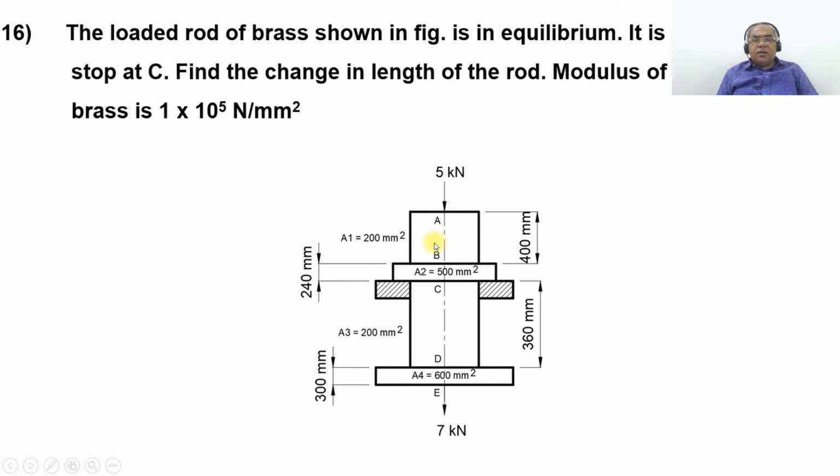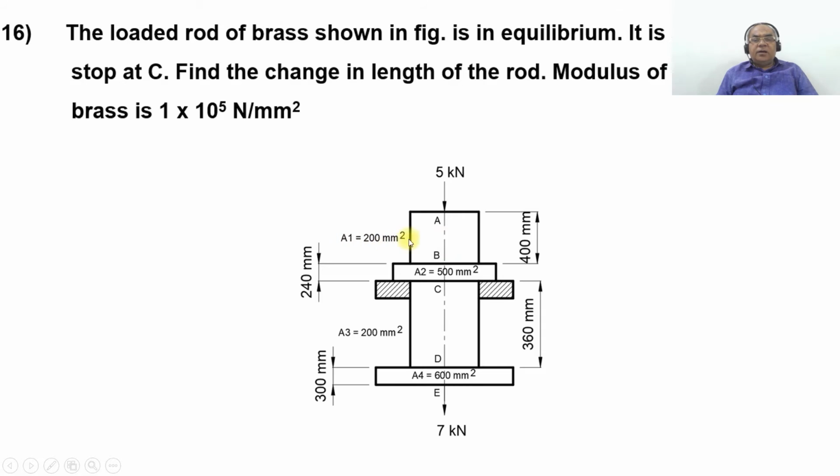So here there are 4 cross sections, wherein we have a stop at C. This problem can be divided into two groups: one from A, B to C, and the other from C to D and D to E. The length of AB is 400 mm, the length of BC is 240 mm, the length of CD is 360 mm and the length of DE is 300 mm.